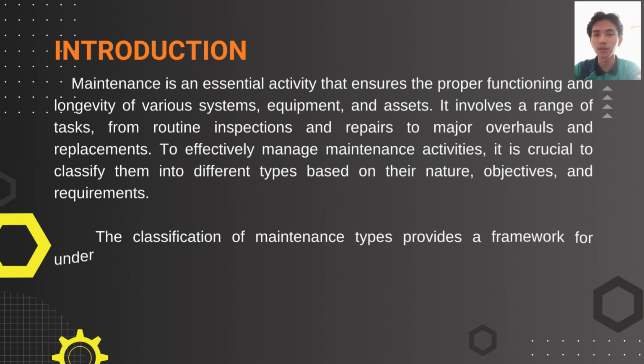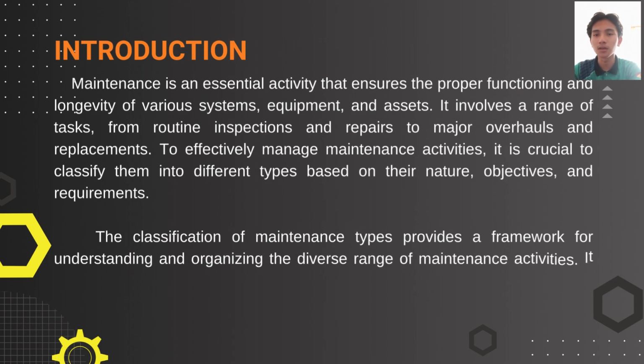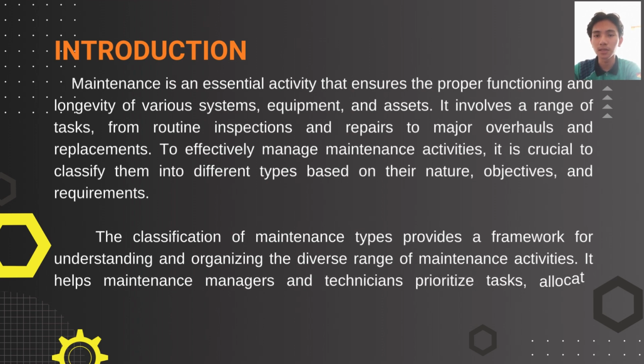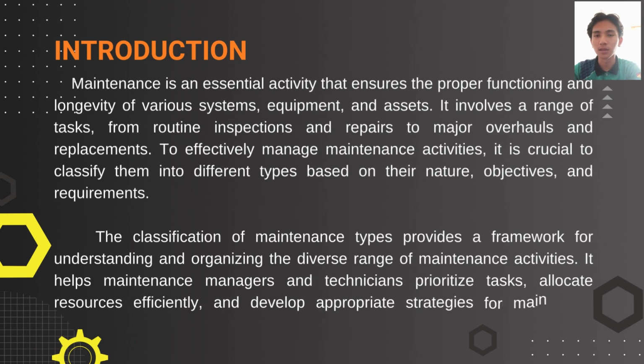The classification of maintenance type provides a framework for understanding and organizing the diverse range of maintenance activities. It helps maintenance managers and technicians prioritize tasks, allocate resources efficiently, and develop appropriate strategies for maintaining assets and systems.